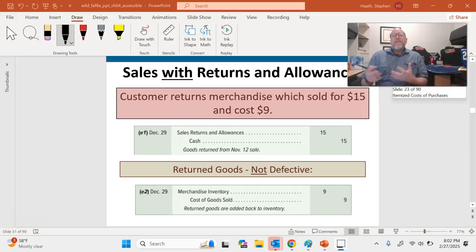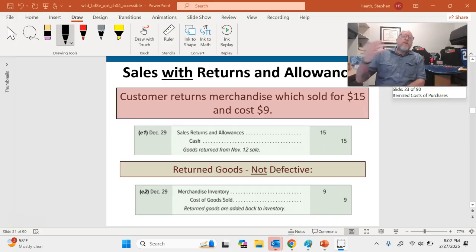Anyway, in this instance, we're going to deal with a situation where a customer is going to want to return goods and services for a refund. In this particular situation, we've already made the sale. So we recorded the accounts receivable or cash and revenue. And then we also recognized the cost of goods sold and lowered our inventory.